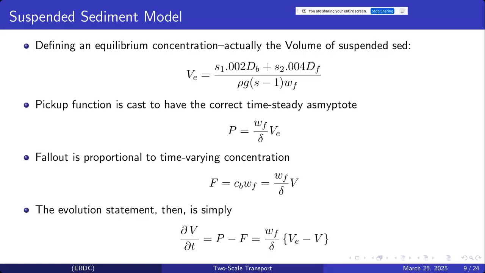Okay, so towards that end, we define an equilibrium concentration, and it's actually the volume of suspended sediment. This is a page out of the Sea to Shore book, where you have the volume of suspended sediment as a function of the dissipation due to breaking, that's surface breaking, and then the dissipation due to friction.